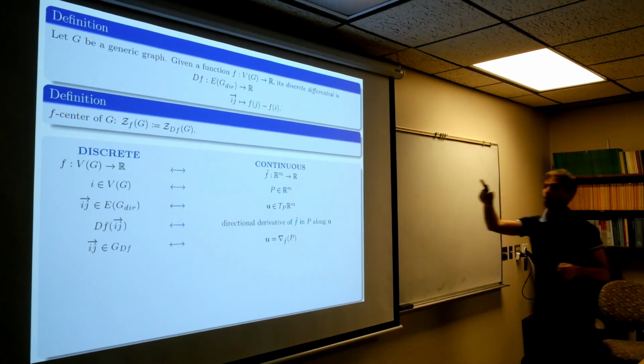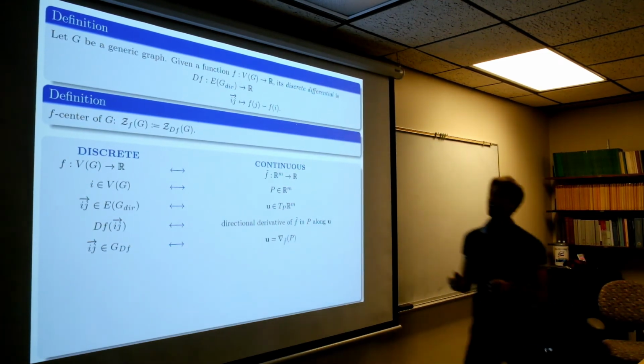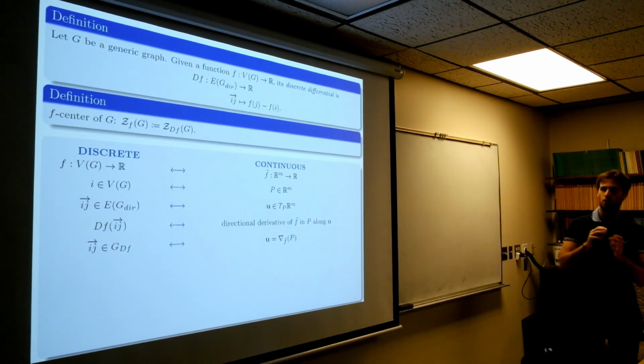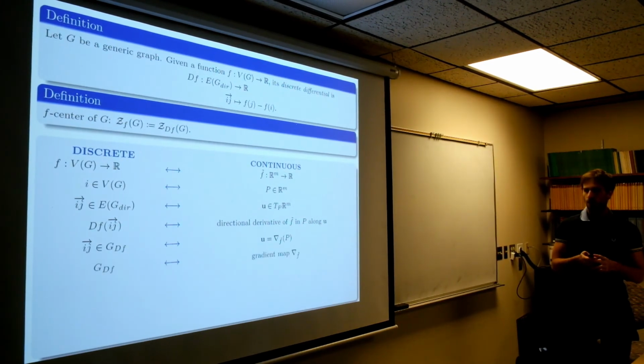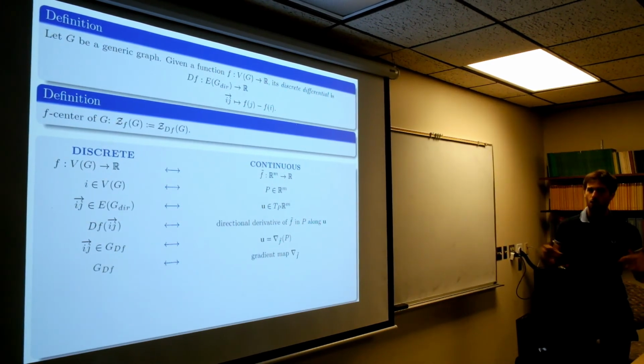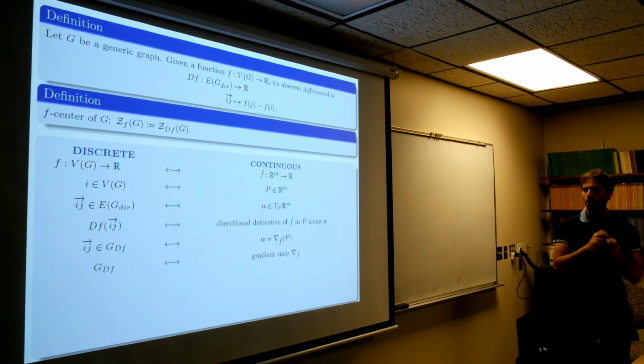But from the definition of df, this actually means that ij is the direction of maximal increase of f. So in other words, u is the gradient of f tilde at p. And then the whole optimality graph, G df, corresponds to the gradient map, the gradient of f tilde, so the map taking any point and assigning to it the gradient vector.